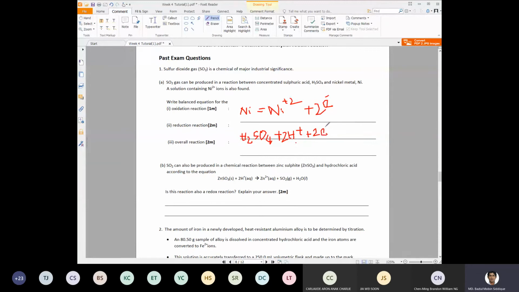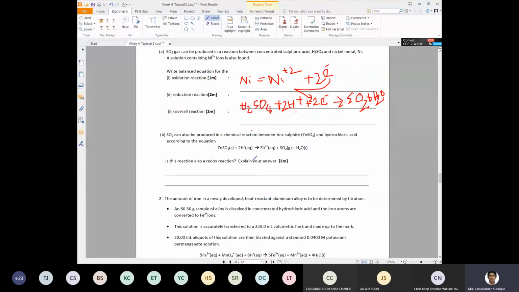These two electrons are given from here, so that sulfur dioxide and water molecules are produced. Altogether the coefficients are 1:1, so I don't need to multiply or divide by anything. I can just sum it up and get the overall reaction.